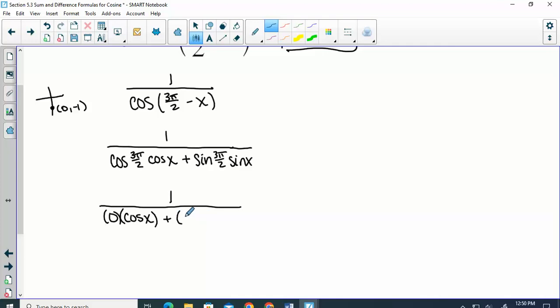What is sine? Negative 1. So 0 times cosine drops, negative 1 times sine is negative sine. Okay, we have a negative. What is 1 over sine?